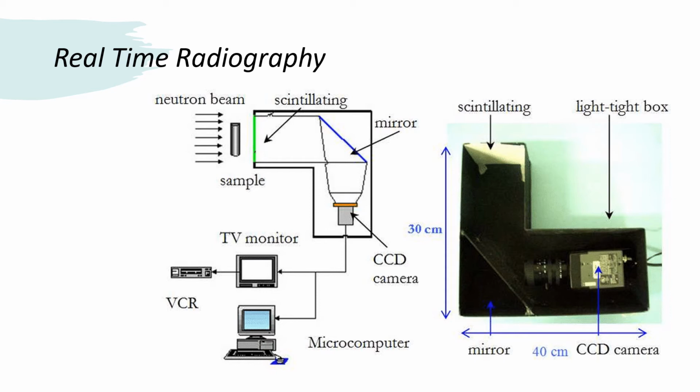Like the fluorescent screen, the input phosphor converts the radiation passing through the object to a light image. Photocathodes emit electrons when excited by the input phosphor light.